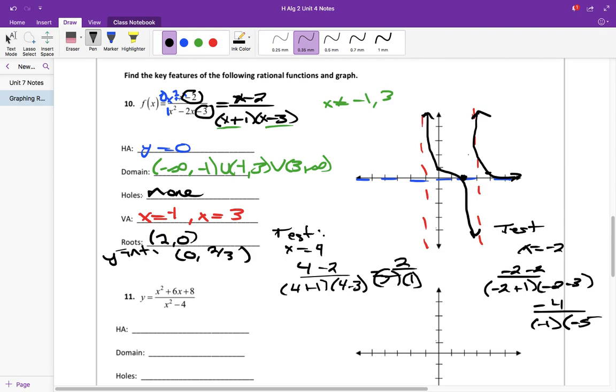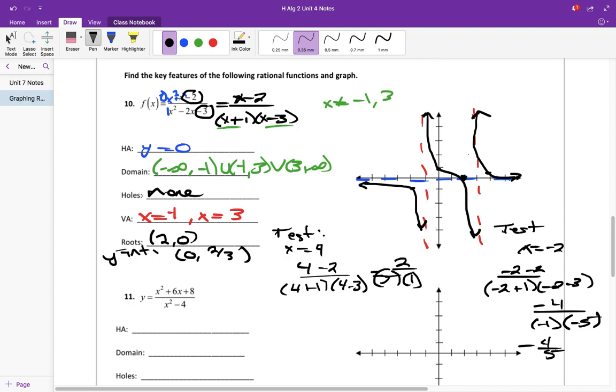So it's going to be -4/5. So -4/5 is going to be at -2, so about right in here. And then here's the rest of your graph.